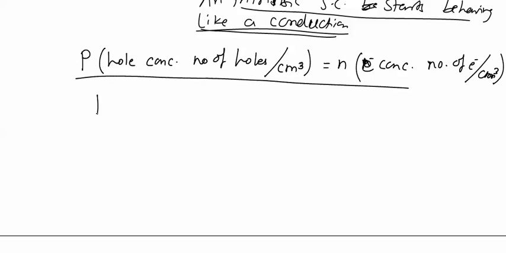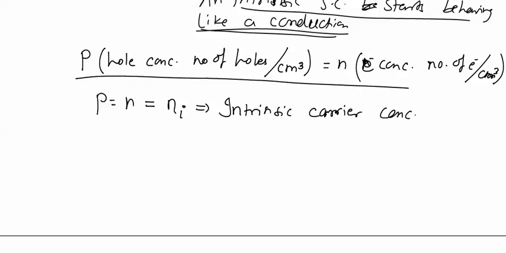Both are equal, and in general, in an intrinsic semiconductor, it is written as P equal to N equal to Ni, where Ni is called the intrinsic carrier concentration. Intrinsic carrier concentration means charge carrier concentration in an intrinsic semiconductor.